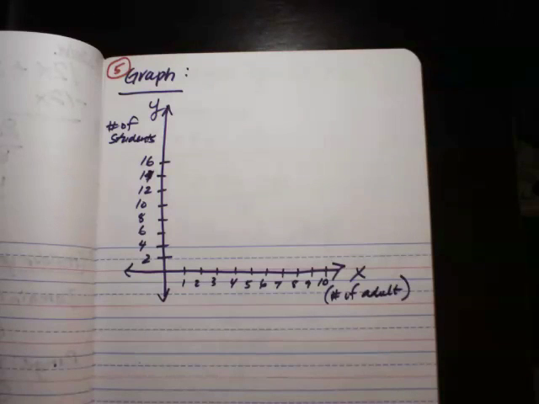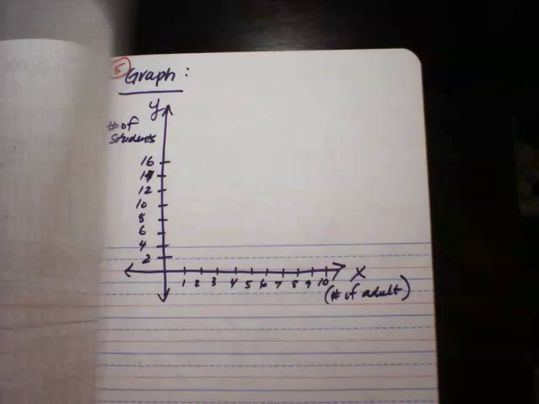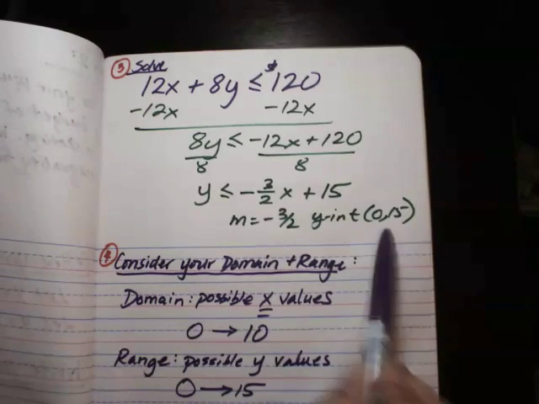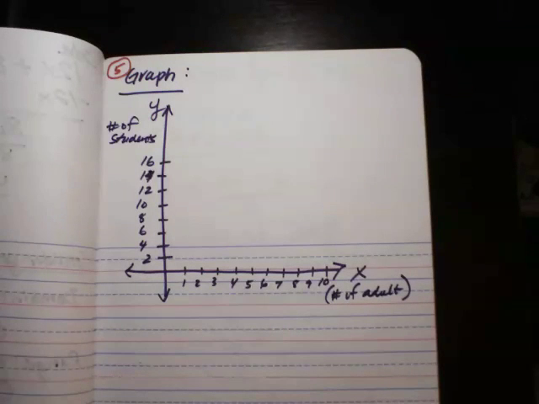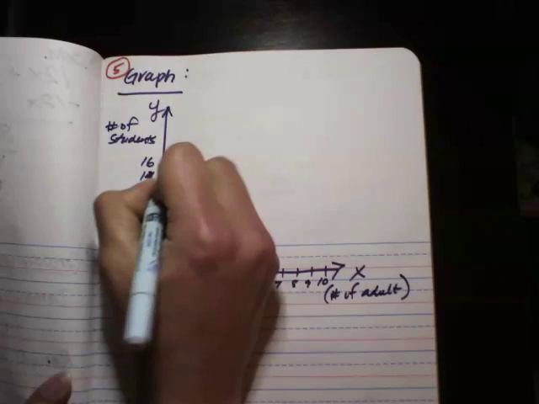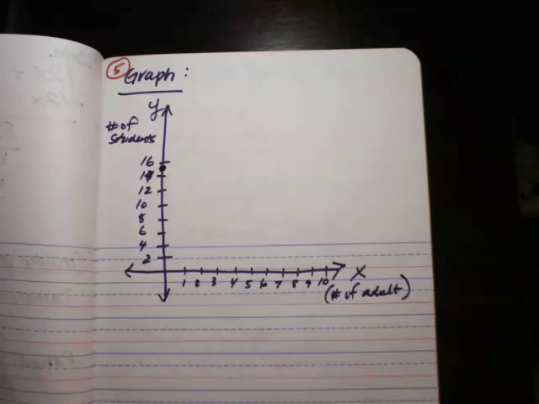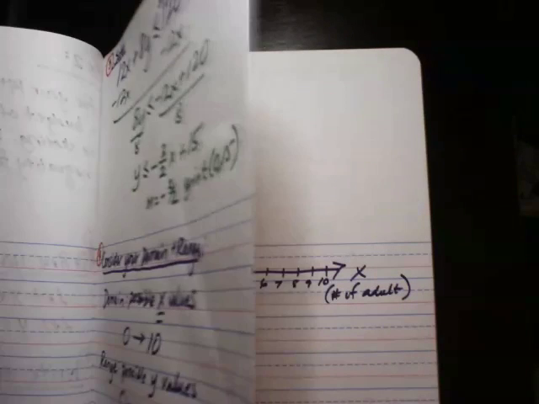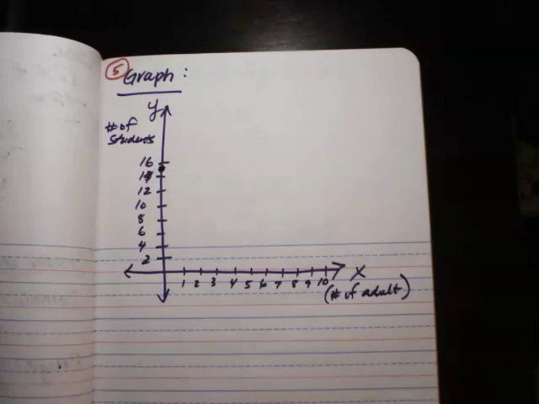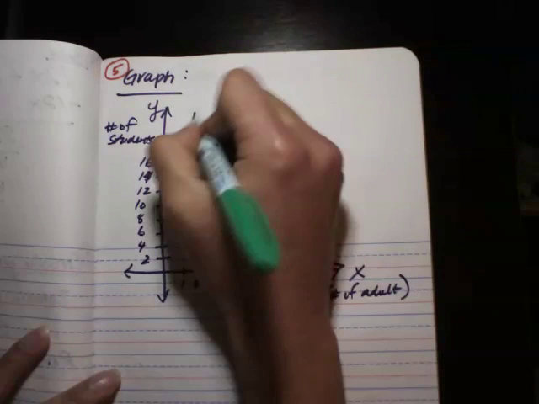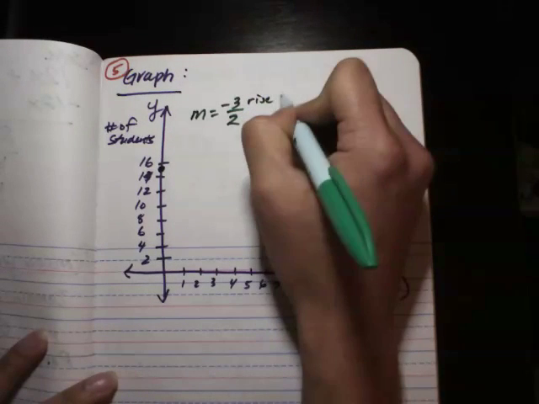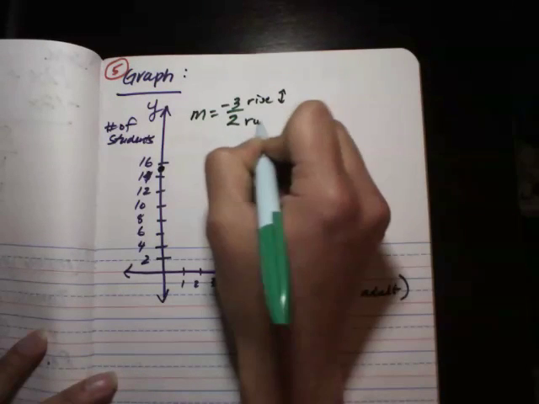Let's review some important information. We know that our y-intercept is (0, 15). So let's make a point at (0, 15). Remember, that's the max number of students or friends you can bring without any adults. Then we have our slope, which is -3/2. -3 represents the rise, up or down, and 2 represents the run, back and forth.